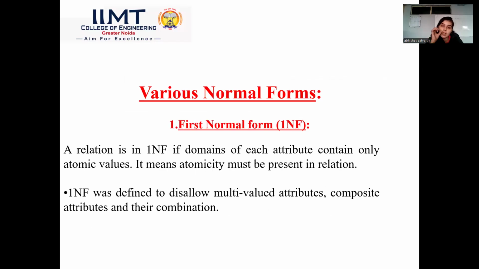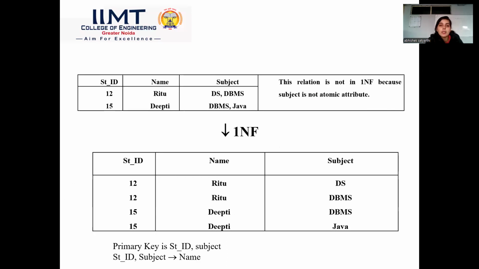So first NF definition says that there should not be any multi-valued or composite attribute. But inside this table, there is a multi-valued attribute, more than one value is present. So I just break the table, or decompose it into a number of tuples, so that inside each particular cell only one value is present.